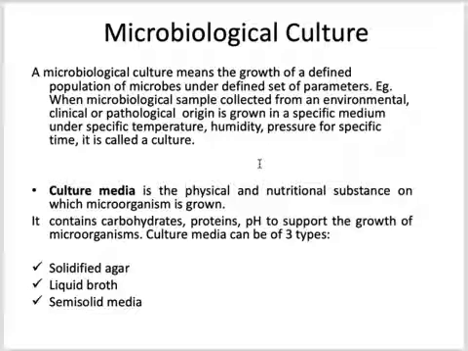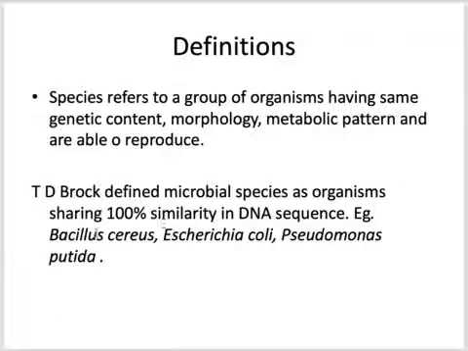That's why the definition of microbiological culture is the growth of a defined population of microbes under a defined set of parameters. When we culture bacteria in the laboratory, we can choose which bacteria we want to grow. We can select that several species will grow in our culture, or we can choose to grow only a particular bacterium, such as only E. coli, or only Bacillus cereus.